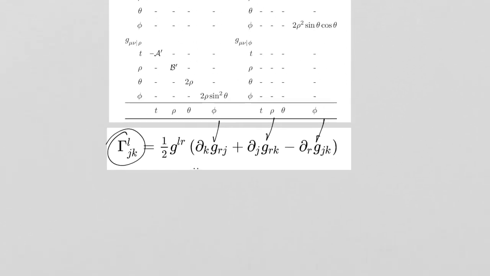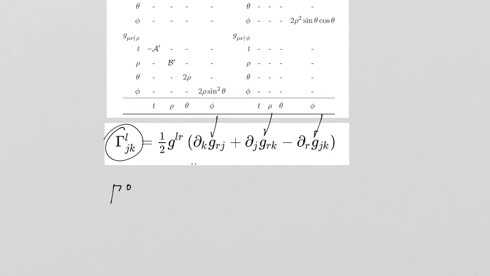So for example, if I want to calculate 0, 0, 0, I calculate 1/2 G0 R, and then GR 0 partial 0 plus G R 0 partial 0, that's the same one, right?